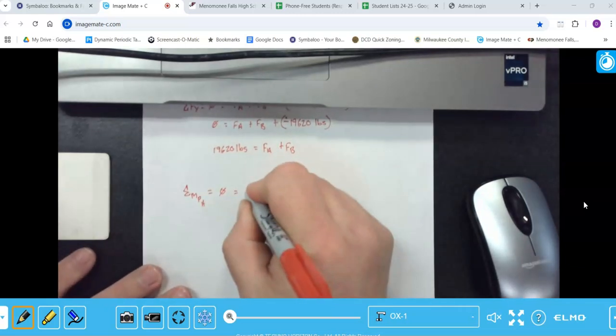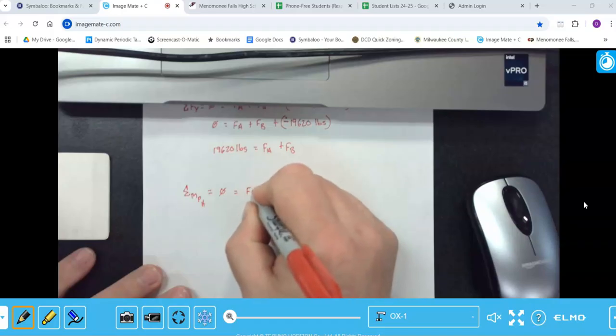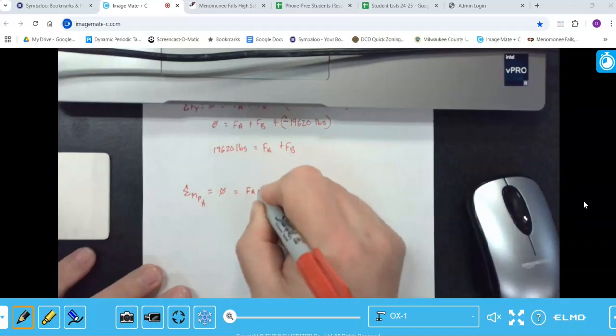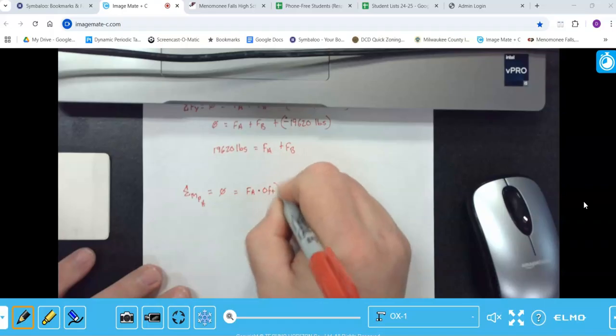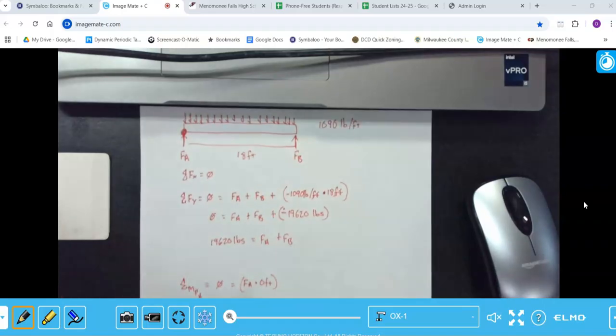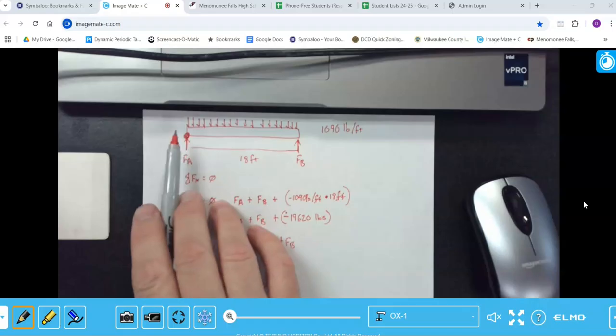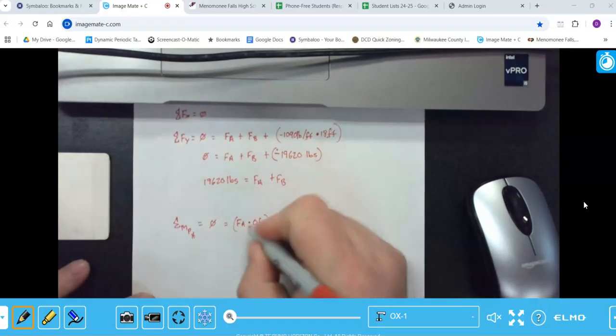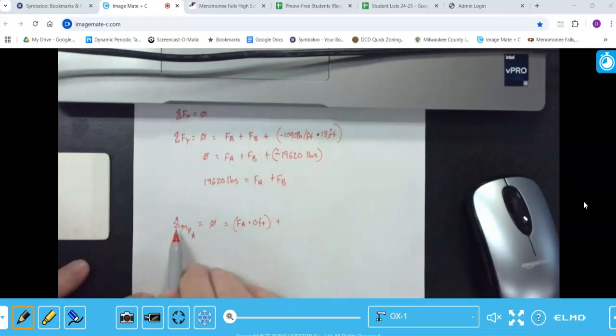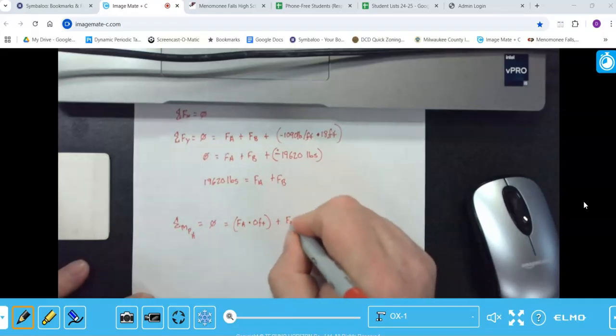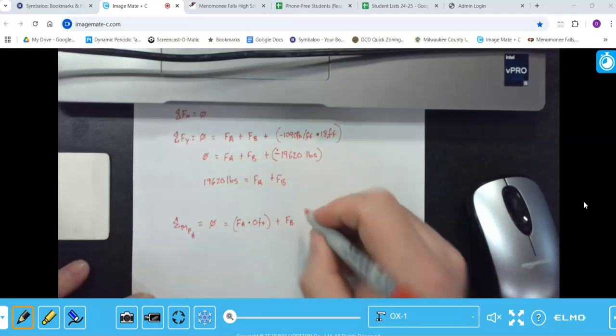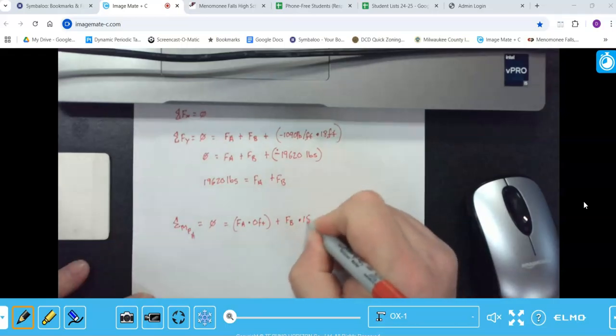And that is force A, which is positive, times 0 feet, because force A is right here, and it is 0 feet from my pivot point. Then I'm going to add to that, because I'm supposed to be summing, force B, and force B is at the 18-foot mark.